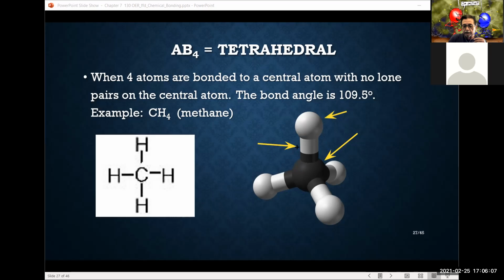Remember that there is a pair of electrons being shared between the carbon and the hydrogen, so we have 2 electrons in every bond. They're negatively charged, so they're going to want to repel from the other bonds as much as possible. When that happens, that's the configuration they come about. That's the most stable configuration, giving them the maximum repulsion from each other.